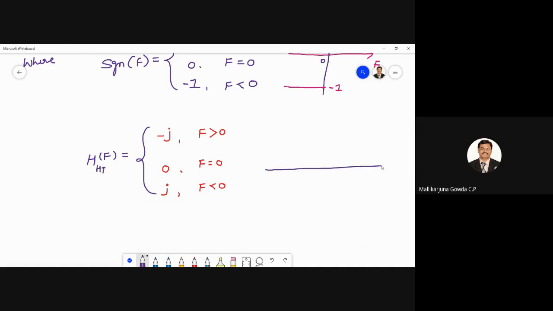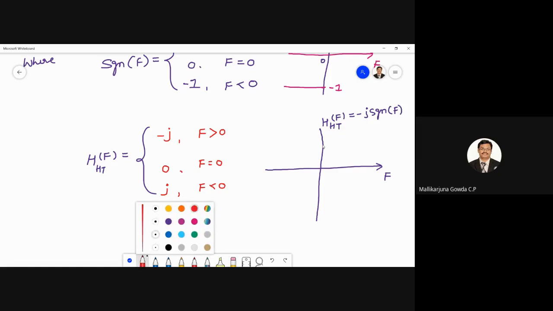If I take this as the frequency axis and this as the y-axis, this is the Fourier transform of the impulse response of the Hilbert transform, which is nothing but minus j signum of f. So what is the value?